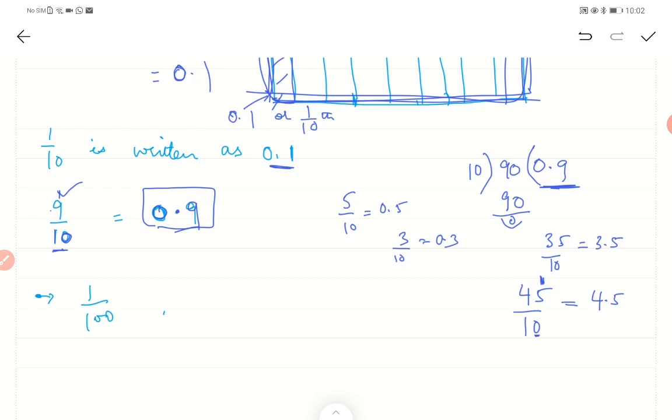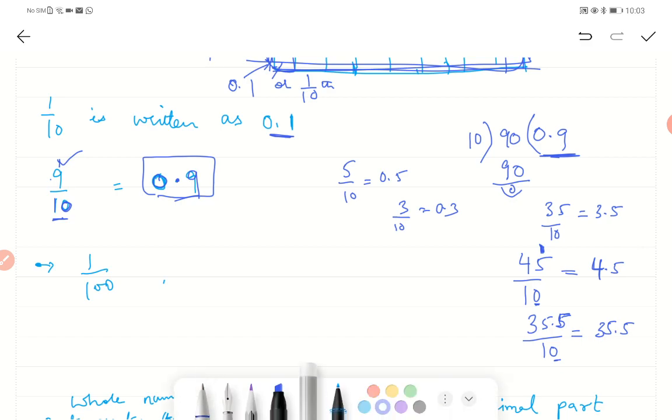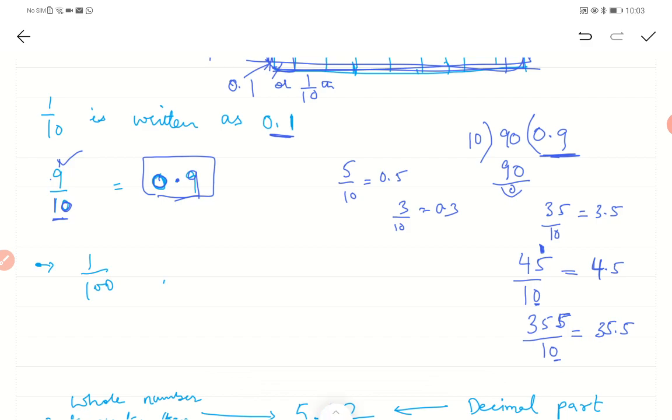After you have 10, after one digit you will place a point. So this is 4.5. If I have 355 divided by 10, so in terms of decimal points, how can you write? You will place a point after one digit, that is 5. You need to count from right to left. Okay, so it will be 35.5. All right, whenever you divide any number by 10, after one digit you will place a point.